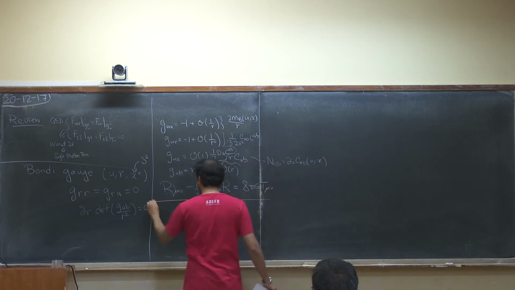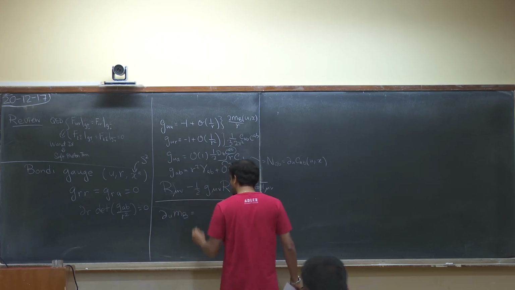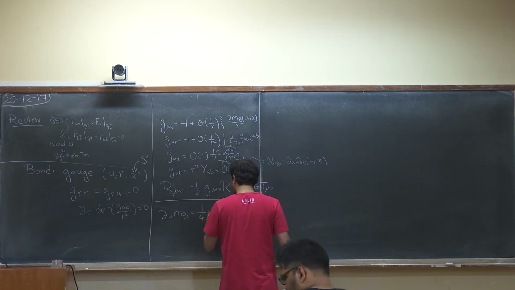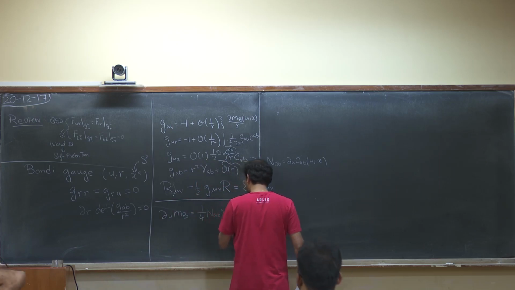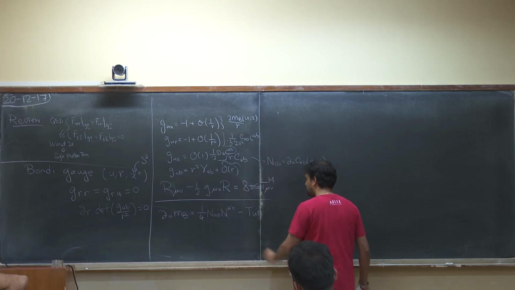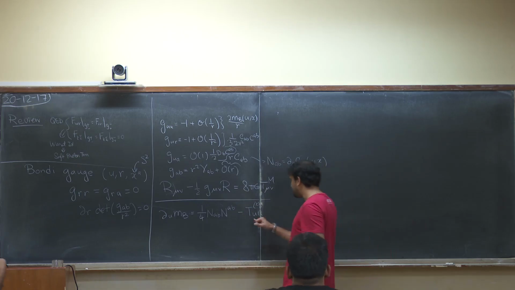And there's this constraint equation which relates the u derivative of m_B in this way with 1/4 of something. Let me call M over there. This is T_uu. So this T_uu is the full gravitational stress tensor.